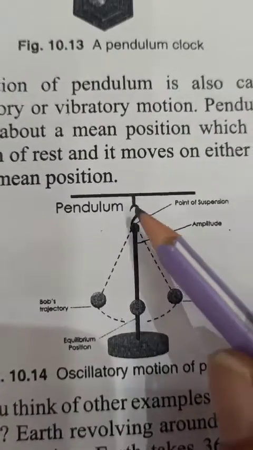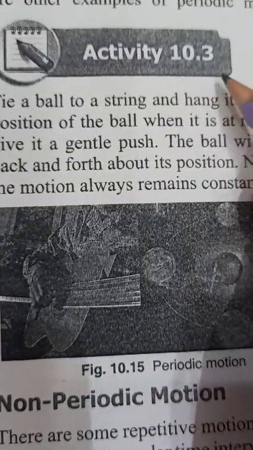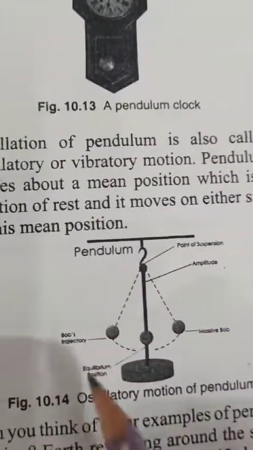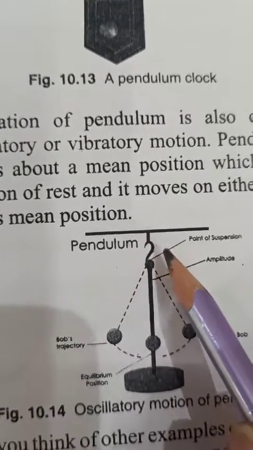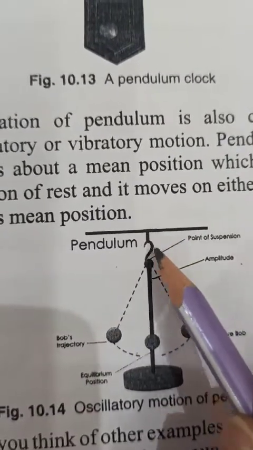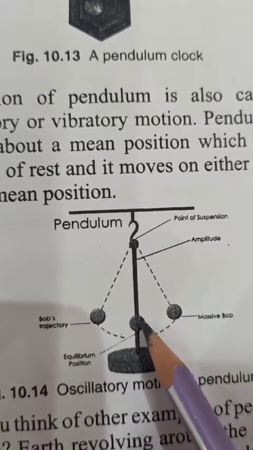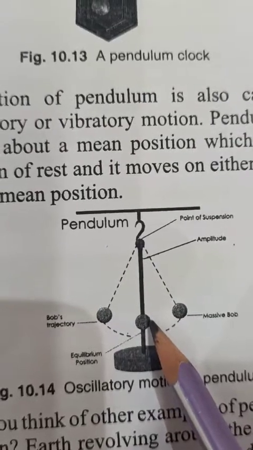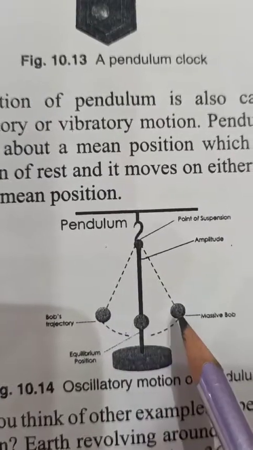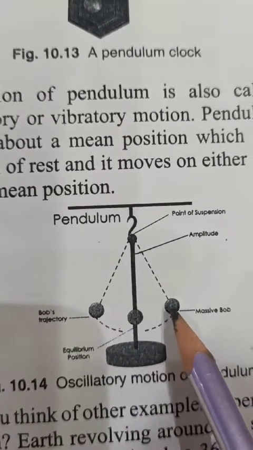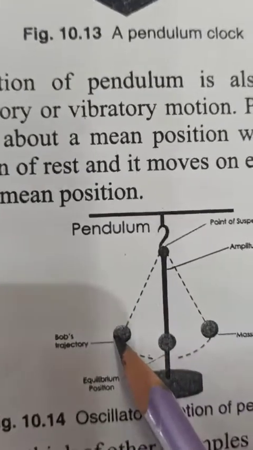Okay, they have shown in activity 10.3 that if we tie a ball with the help of a string, suppose this ball we hang with the help of a string, then when we push this ball gently towards the right, when it moves to the right, at the same time it moves to the left also.